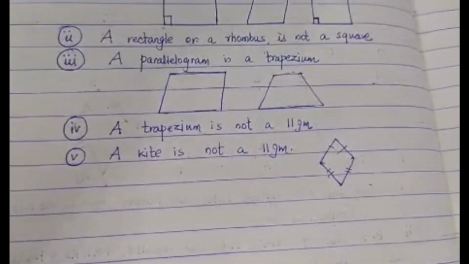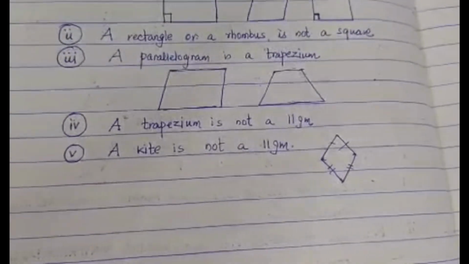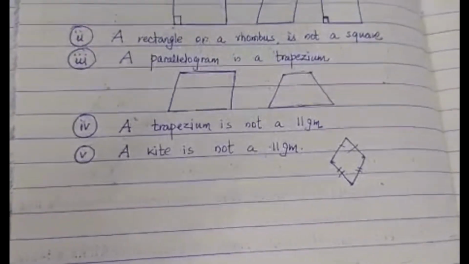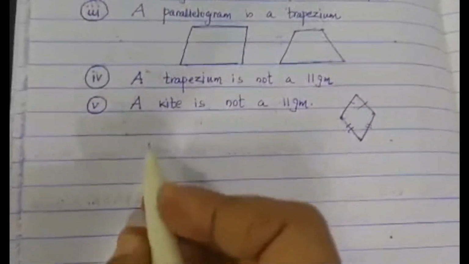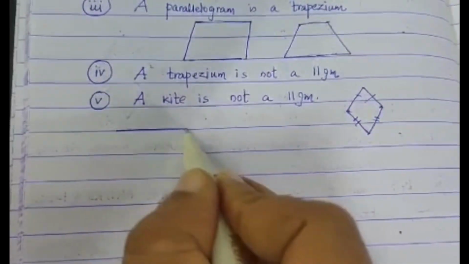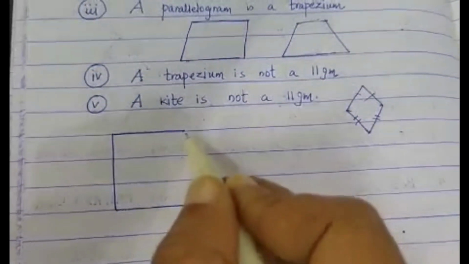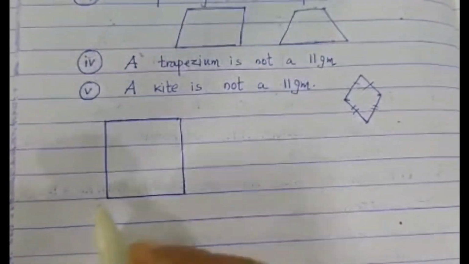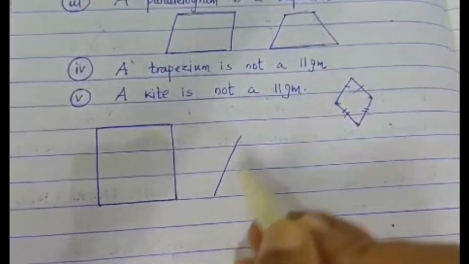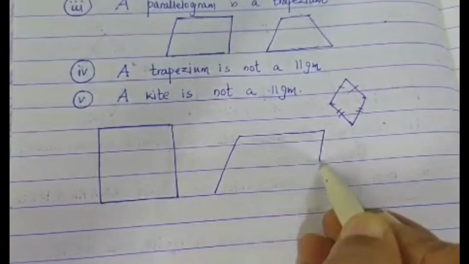Now let's see one more thing, the relation between a rectangle and a parallelogram. This is one rectangle and this is a parallelogram.